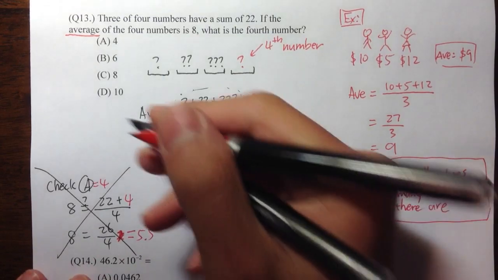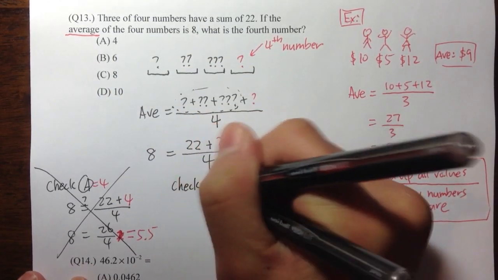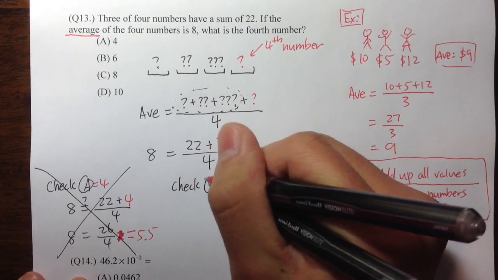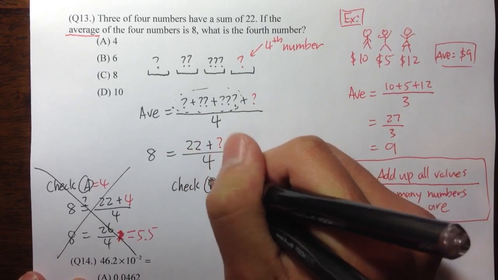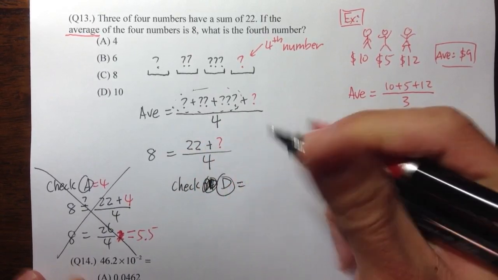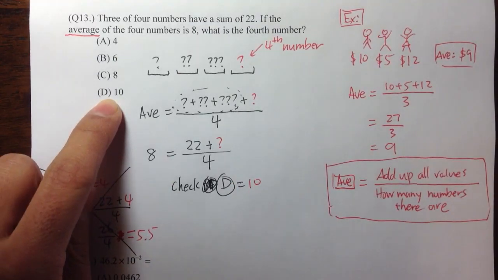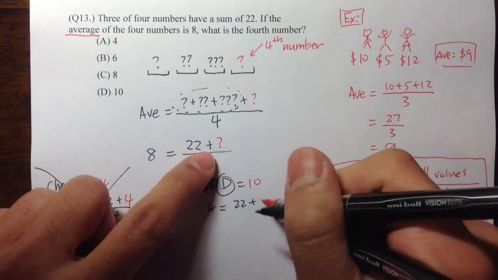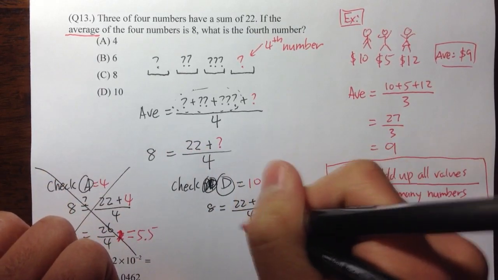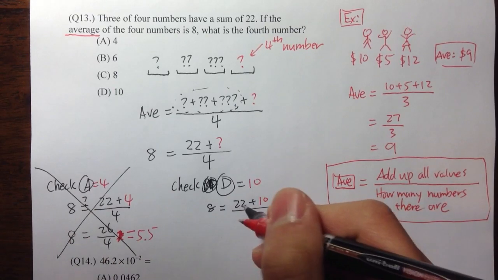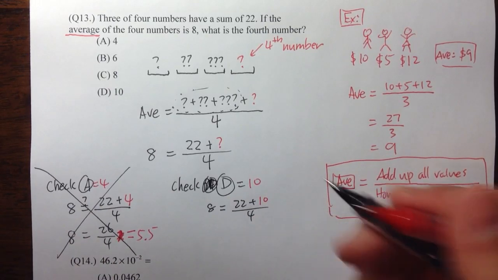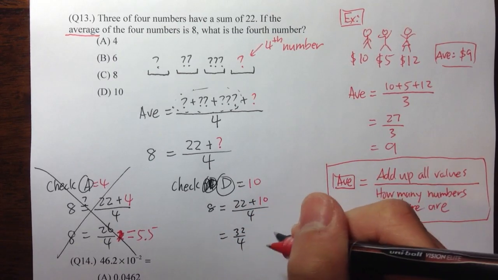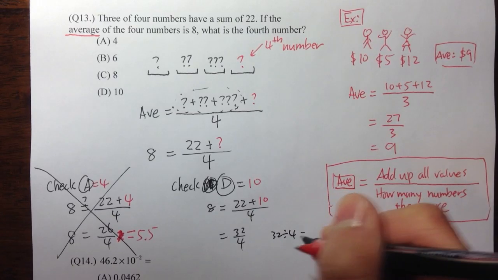The correct answer is choice D, but let me verify it. Choice D is the number 10. Is 8 equal to 22 plus 10, over 4? 22 plus 10 is 32. 32 over 4, which means 32 divided by 4, is equal to 8.